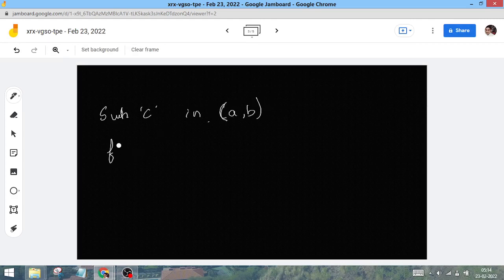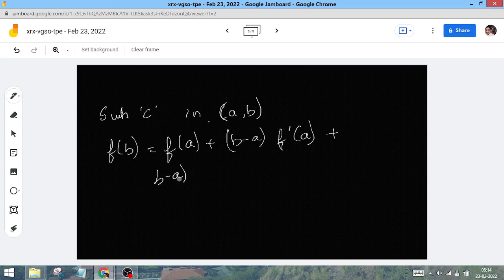such that f of b equals f of a plus b minus a f first derivative of a plus b minus a the whole square by 2 factorial f second derivative of a, and this goes on and on up to the n minus 1 derivative.